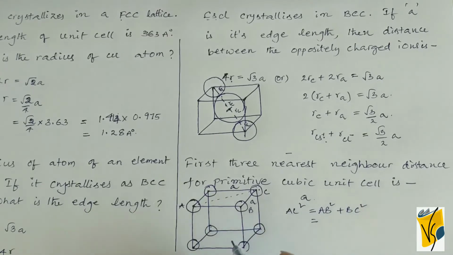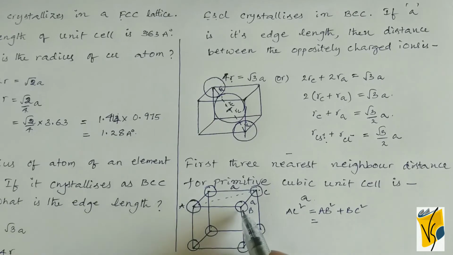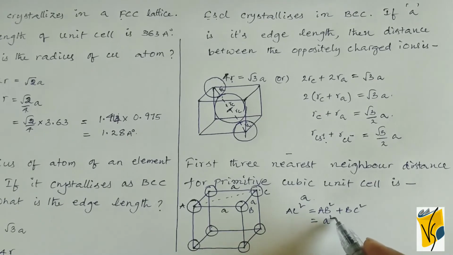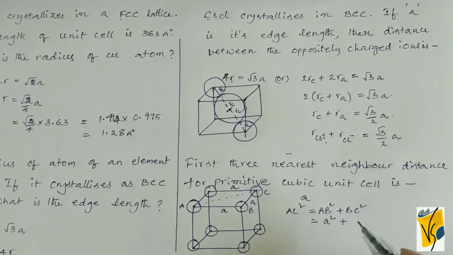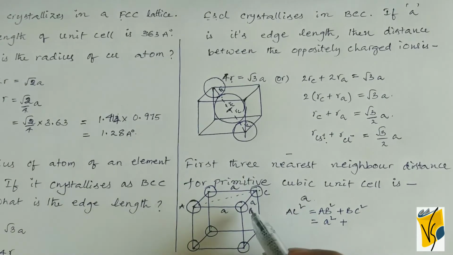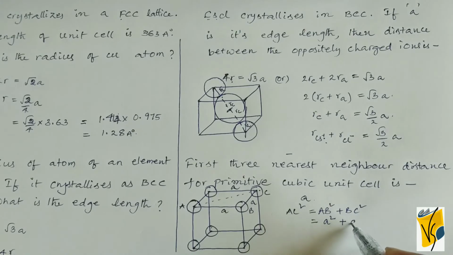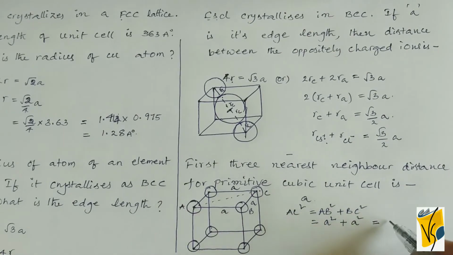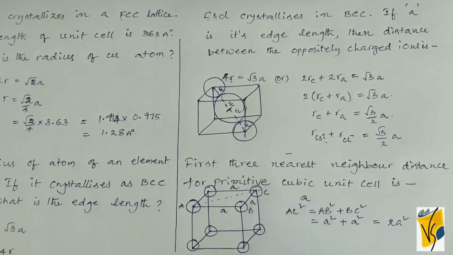So what is AB? AB is this length, that is nothing but the edge length, that is equal to A, and BC is again equal to A. So AC square is equal to A square plus A square, that is equal to 2A square.